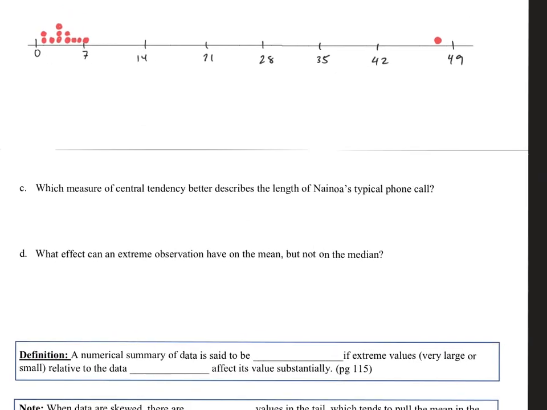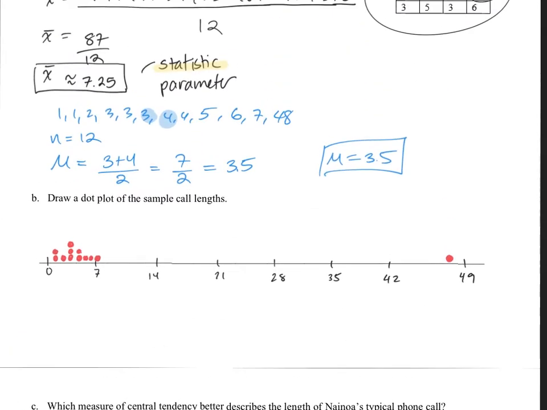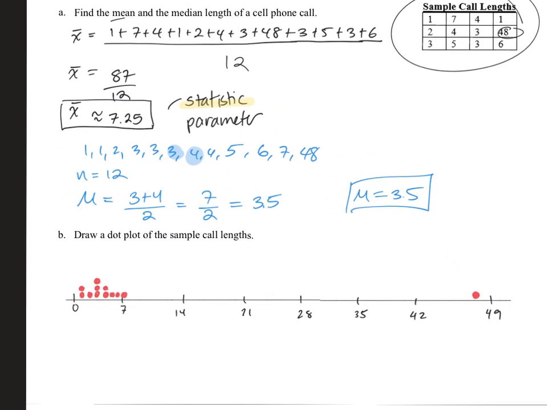So, which measure of central tendency better describes the length of Nainoa's typical phone call? Take a look at our two measures of central tendency. We have one, which is 7.25, and another, which is 3.5. These are both measures of the central tendency of our data. Which one actually seems to match our data? Let me go ahead and graph them. I'll do the statistic 7.25.